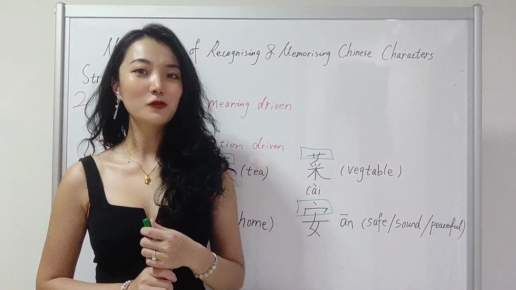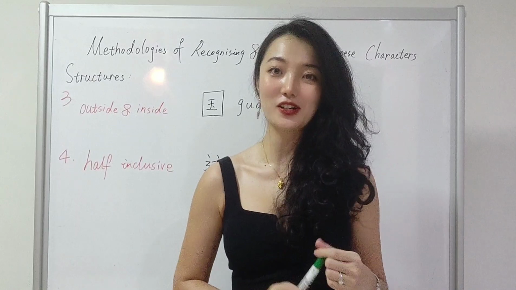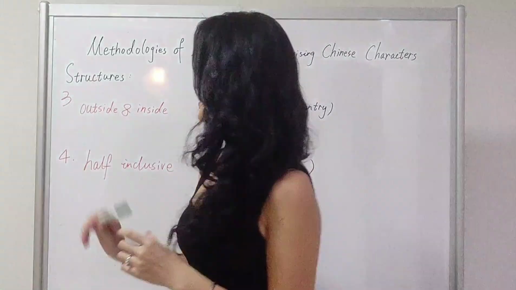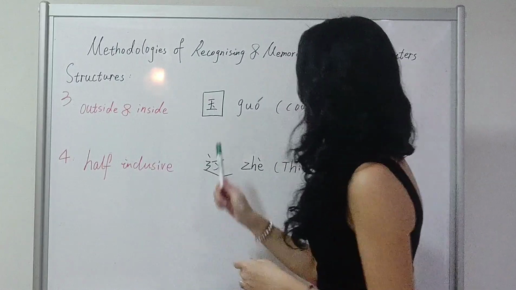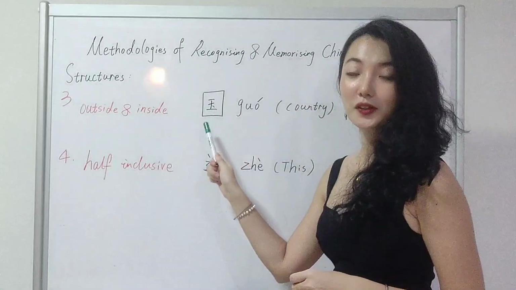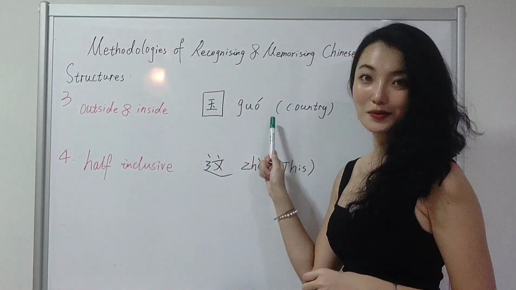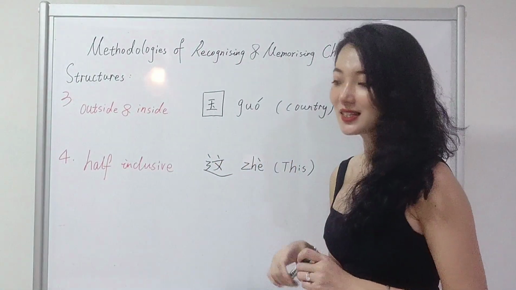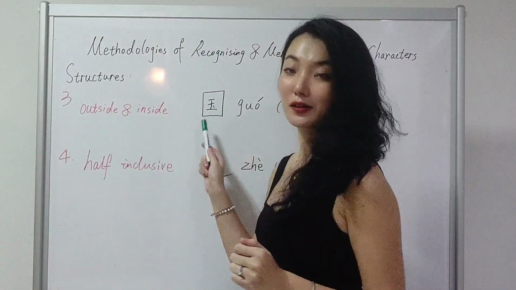Okay, now let's move on to the third structure. The third and fourth structures are relatively easier. Let's have a look at the third one first. Outside and inside structure. This character, we learned it last time. Pronunciation is guó, and it means country. So just like every country has its boundary, so does this character.